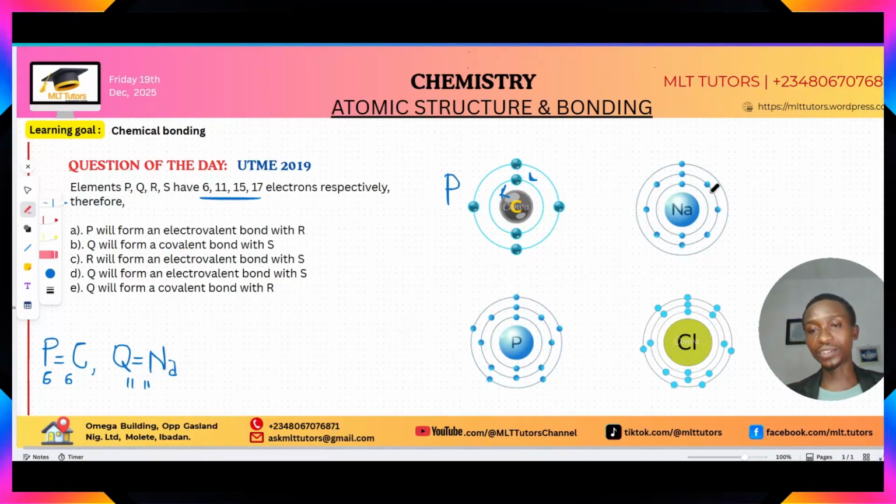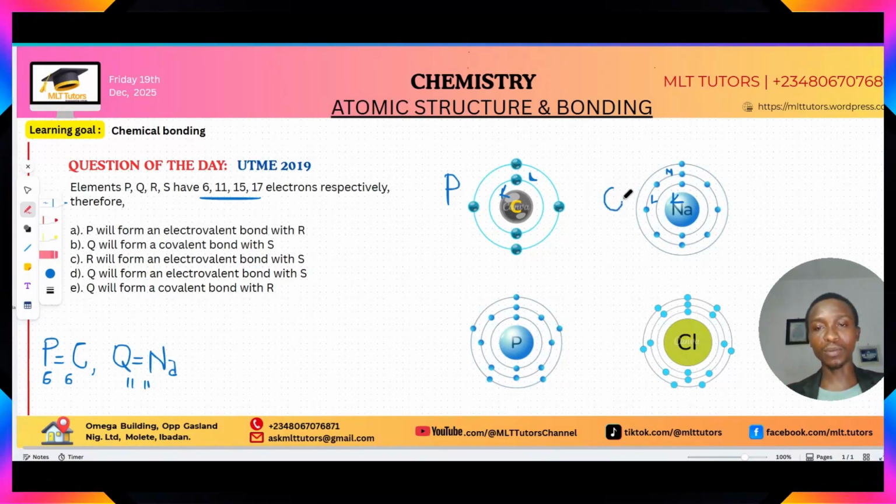Let's check here. This atom of sodium in the K shell has 2 electrons. In the L shell, it has 8 electrons, making 10. Then in the M shell, it has only 1 electron, making 11. So element Q is sodium.